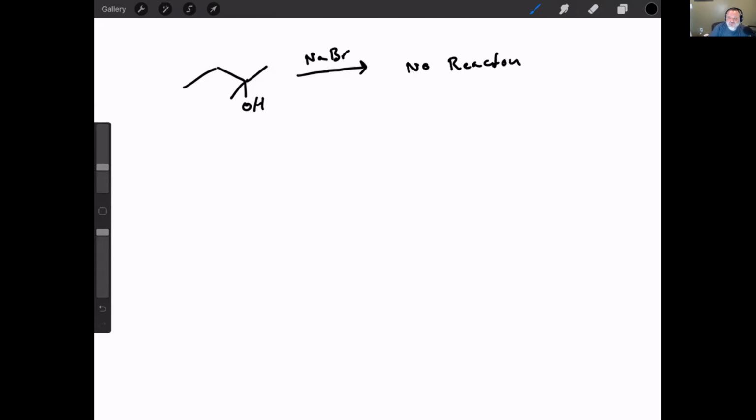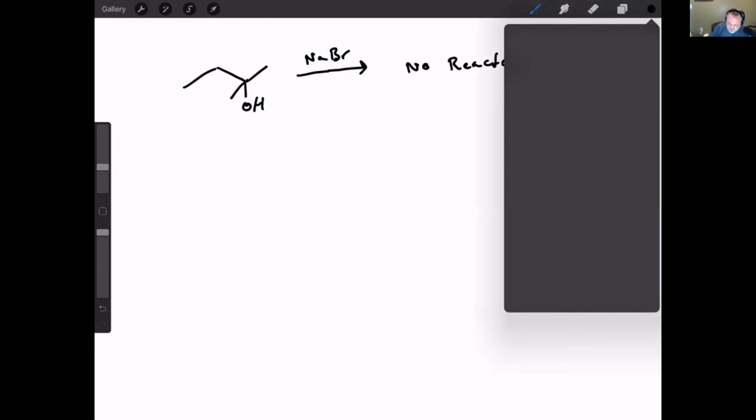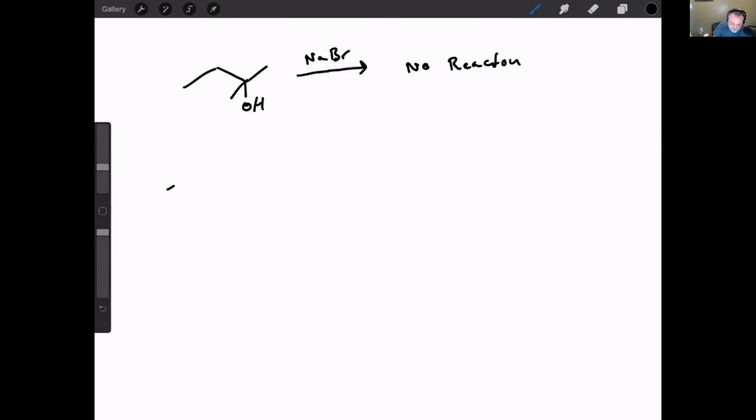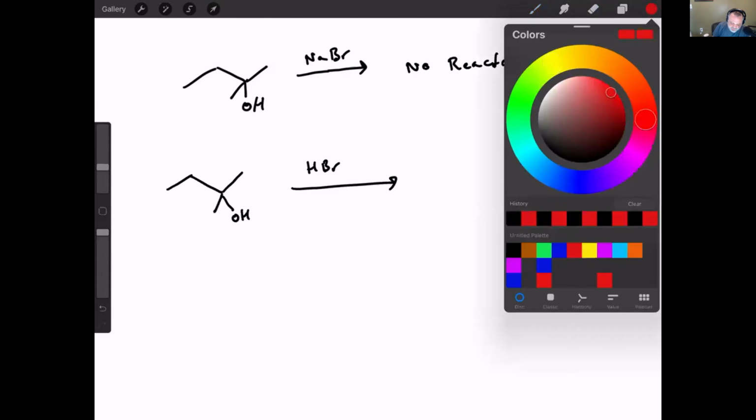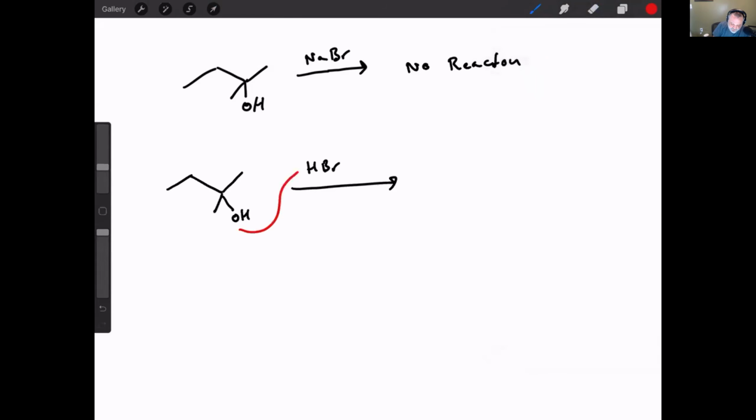So if I react an alcohol with a sodium bromide, I get no reaction because that OH group is not a particularly good leaving group. But I can take this alcohol and react it with an HBr. And in this case, I can get a proton transfer and turn this thing into a good leaving group.